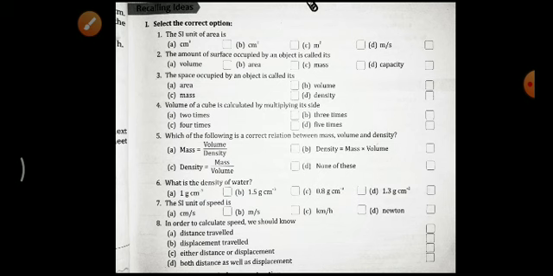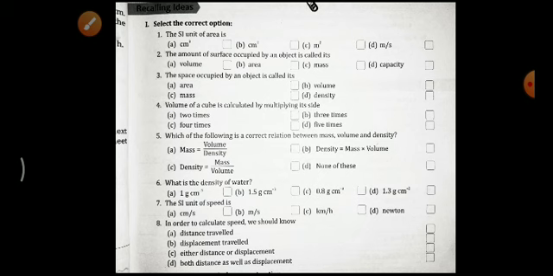Then the next question, the SI unit of speed is what? You know that speed is the distance traveled divided by time only. Whenever we add direction to speed, that speed becomes velocity, and we can write the formula velocity is equal to displacement by time, but speed is equal to distance by time. And what is the SI unit of distance?